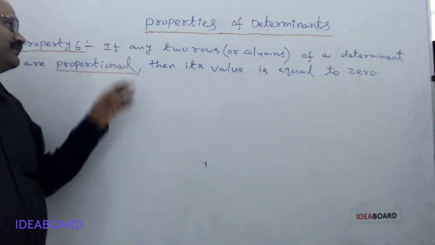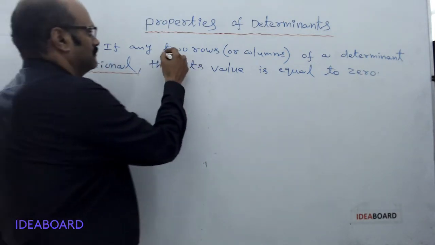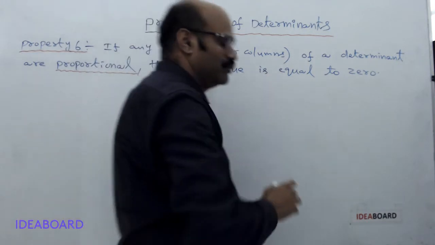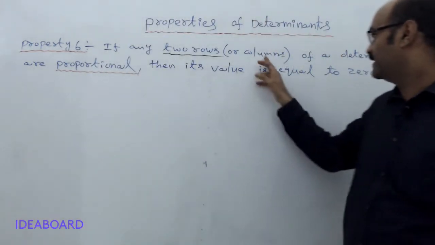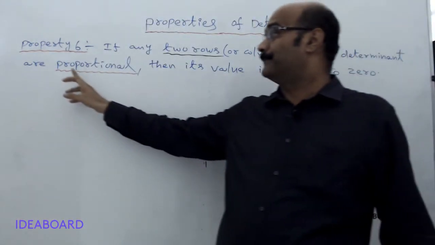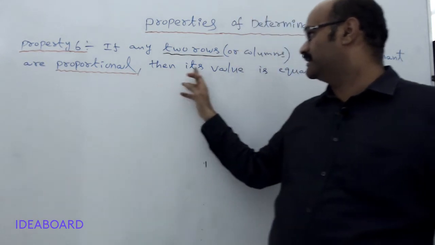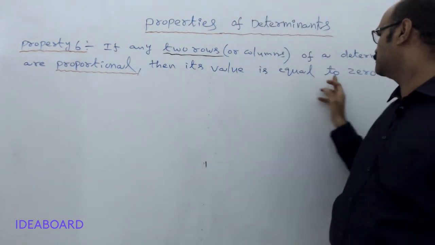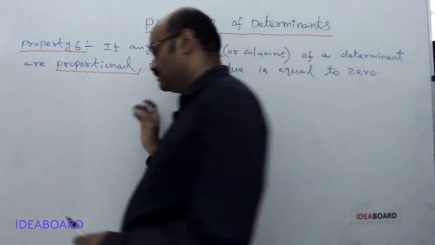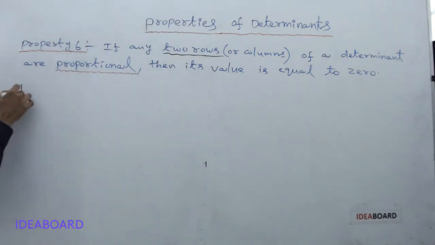Property 6: if any two rows or any two columns of a determinant are proportional, then its value is always equal to 0. Proof.